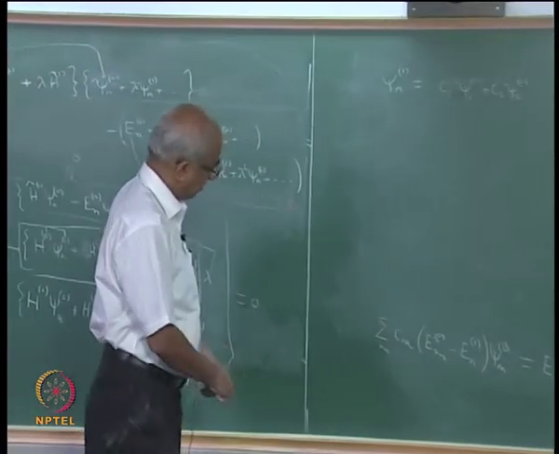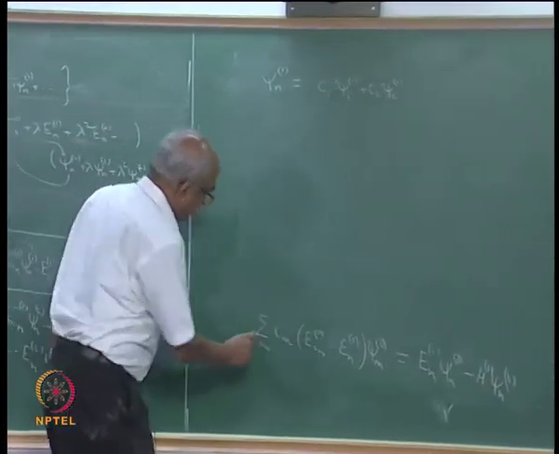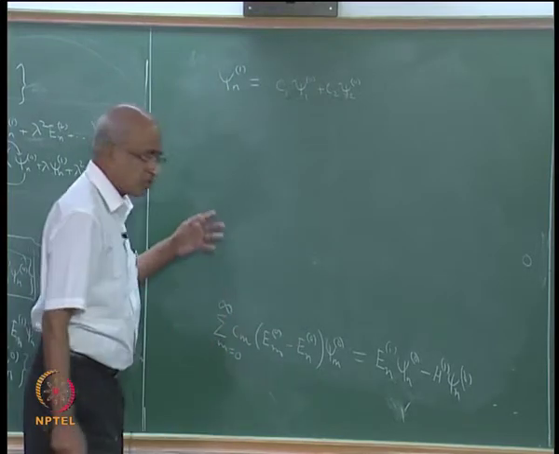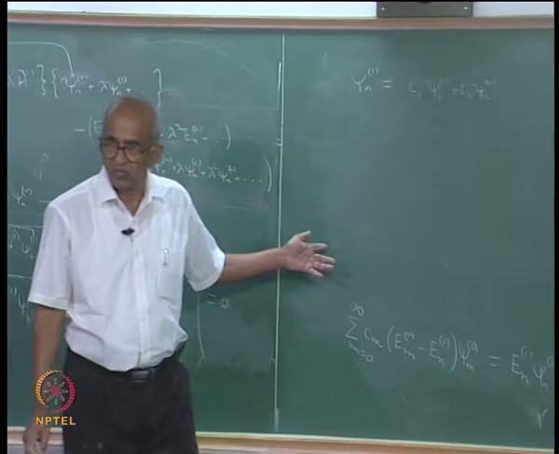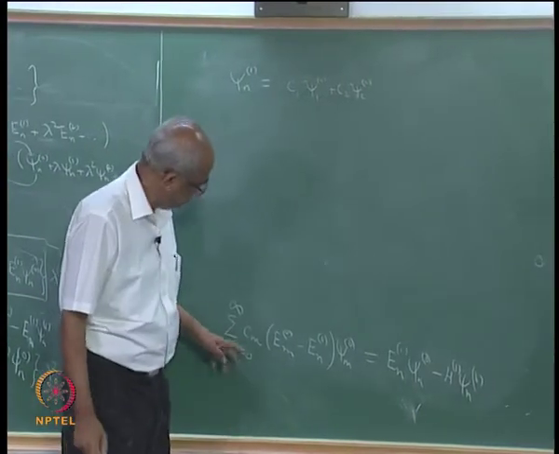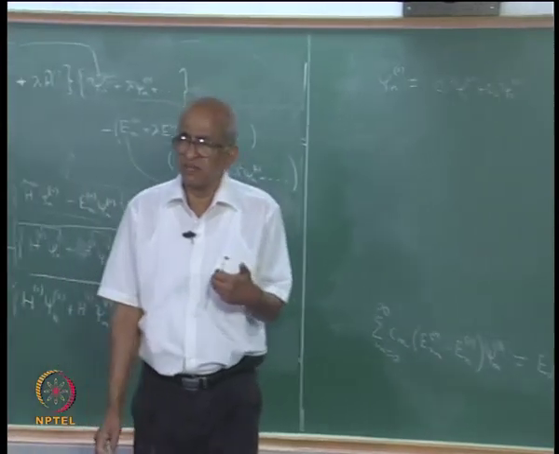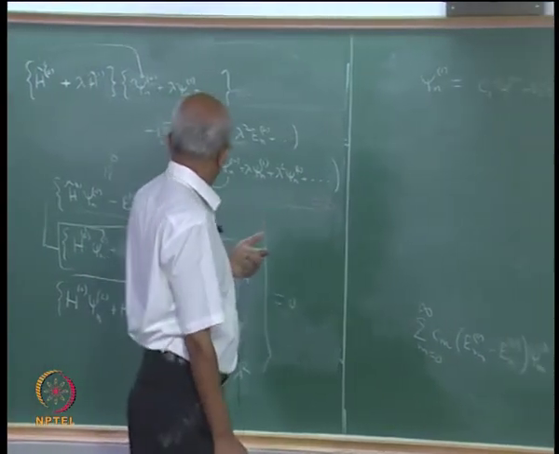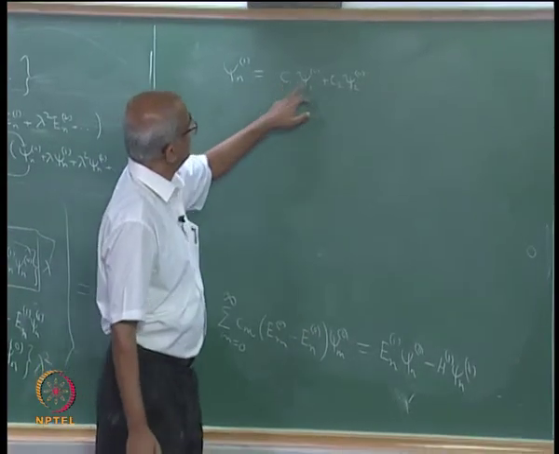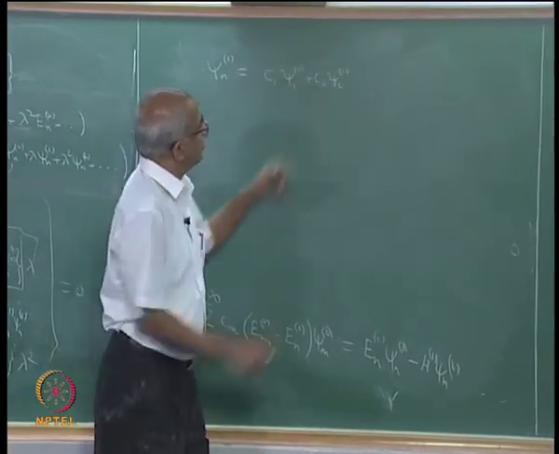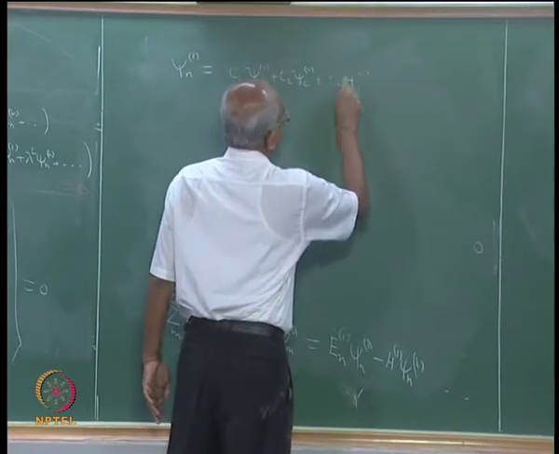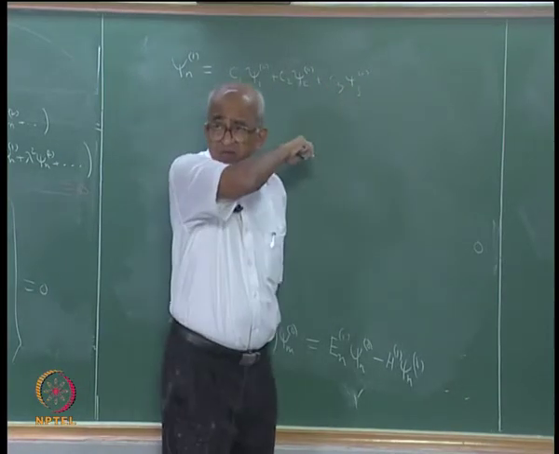Right. Now, you see, you would be really worried, because on the left hand side I have a sum running from 0 to infinity. Right hand side of course is very simple, but you look at the left hand side, what are the unknowns in this problem? See, we have assumed that psi n 1 may be written as C 1 psi 1 0 plus C 2 psi 2 0 plus C 3 psi 3 0 plus etc. So, I actually have infinite number of unknowns.